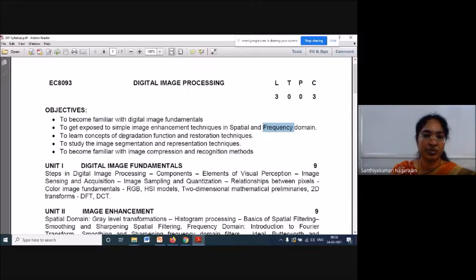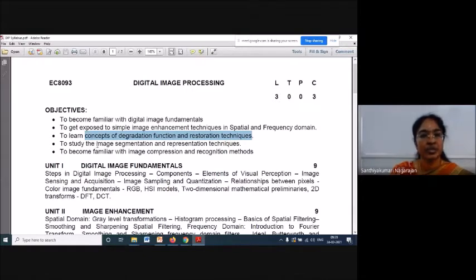From this course, you're able to learn the concepts of degraded function, which means information which is already affected, it might be affected with pure noise or impure noise. You are going to restore that information from this degraded function. From the distorted information, you are going to recover your original information. That's where you're going to learn the concepts of degradation function and restoration techniques.